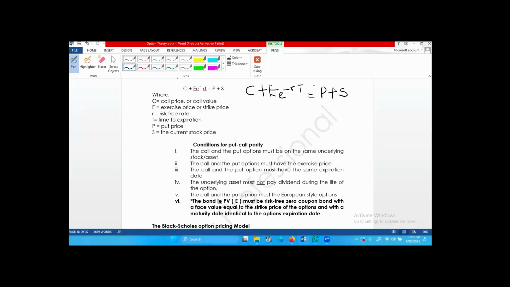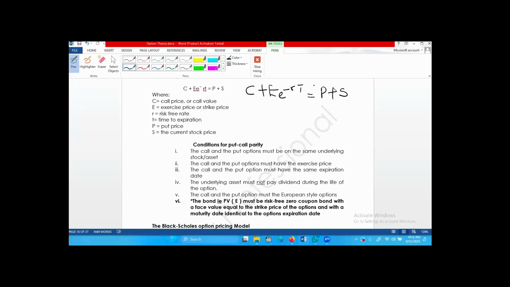Now, conditions for put call parity theory. Condition 1: the call and the put options must be on the same underlying assets.